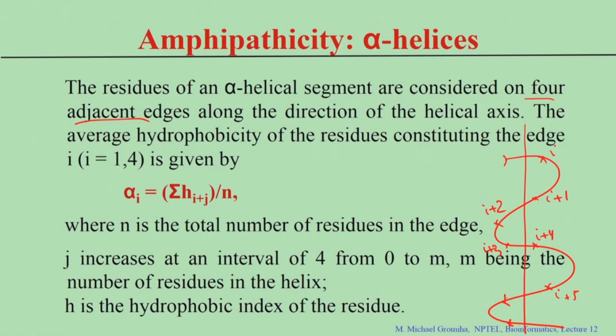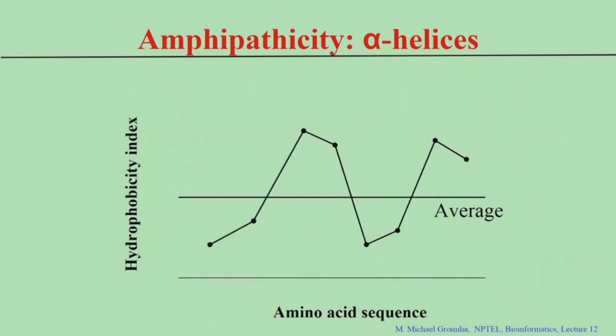Then you can calculate the average hydrophobicity of each edge. For example, you can see I plus j with the interval of 4 and see how many residues are in that particular place. For example, if you see this periodicity, this is I plus 1, I plus 2, I plus 3, I plus 4 and I plus 5.